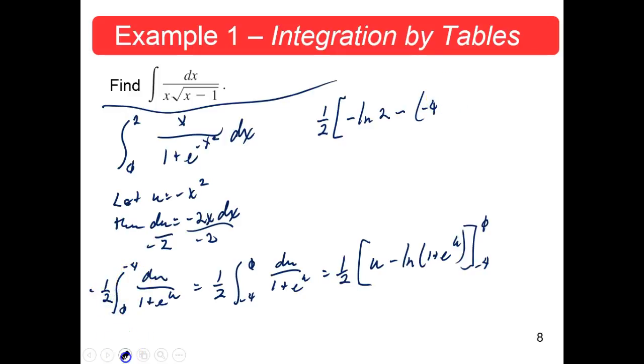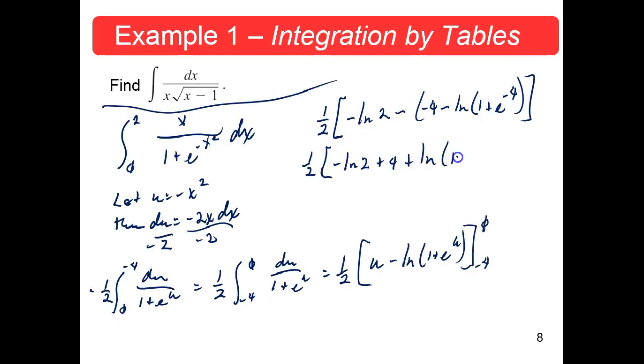Minus 4, and I'm going to put the minus here, though the minuses will take care of themselves in a minute, the log of 1 plus e to the minus 4. Okay, which is 1/2 times minus log 2 plus 4 plus log of 1 plus e to the minus 4.